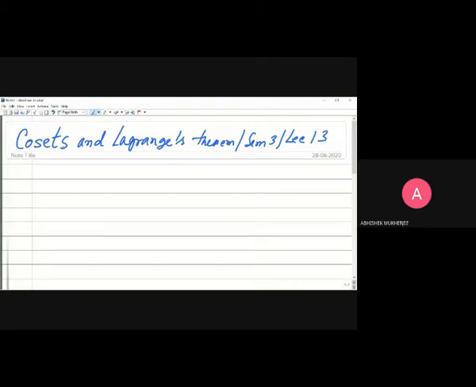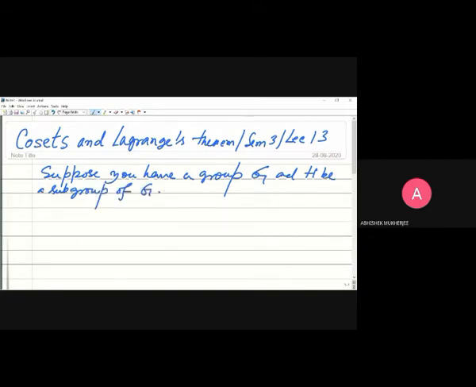So in the last lecture, we have proved that suppose you have a group G and H be a subgroup of G, right?